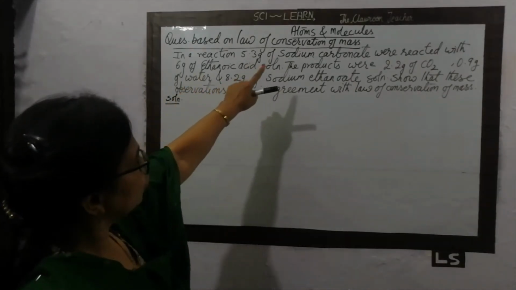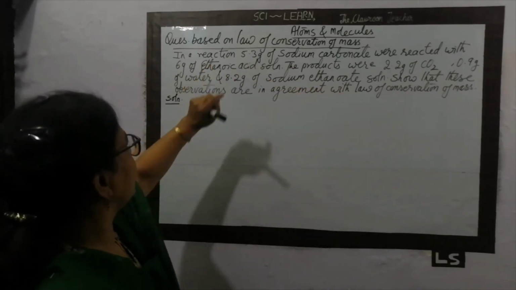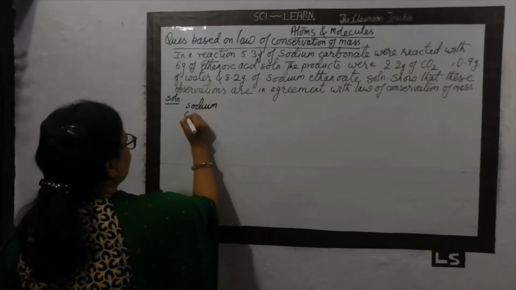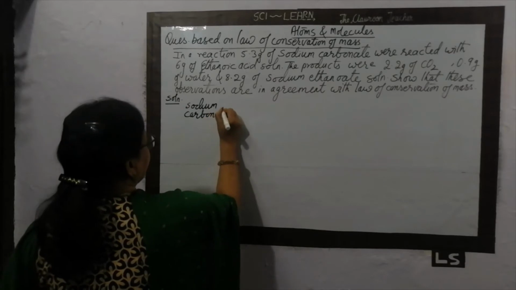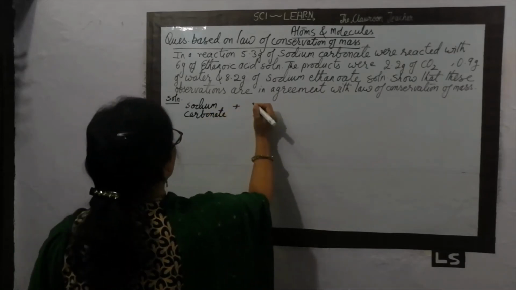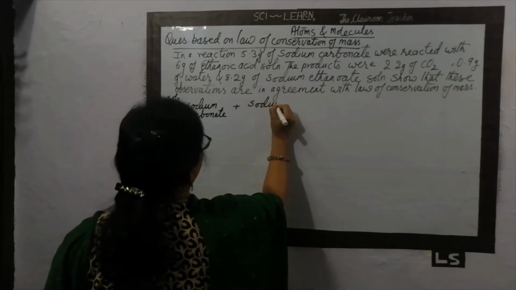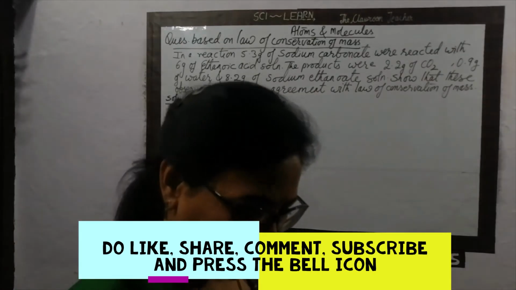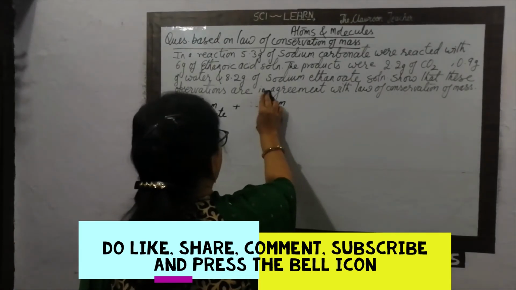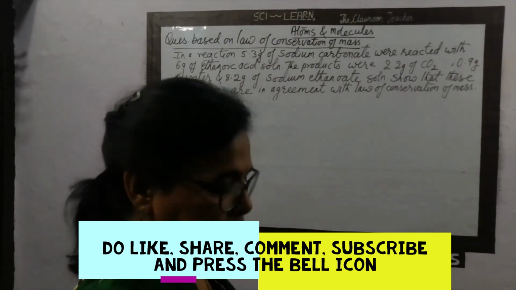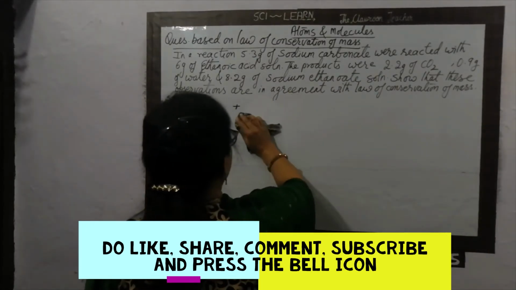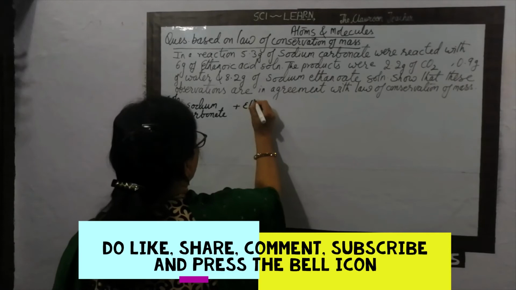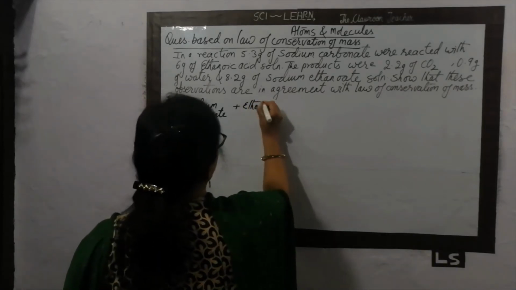In the reaction, sodium carbonate was reacted with ethanoic acid. Make the reaction: sodium carbonate reacts with ethanoic acid.